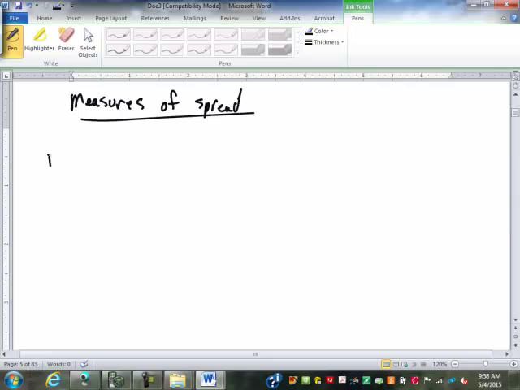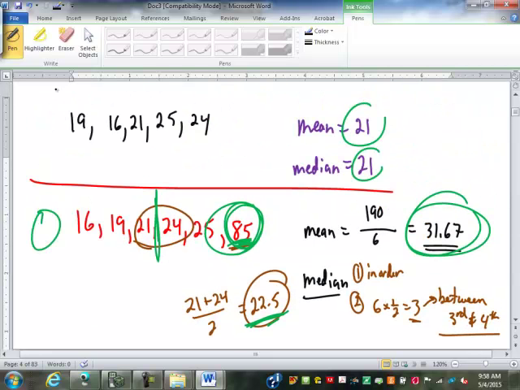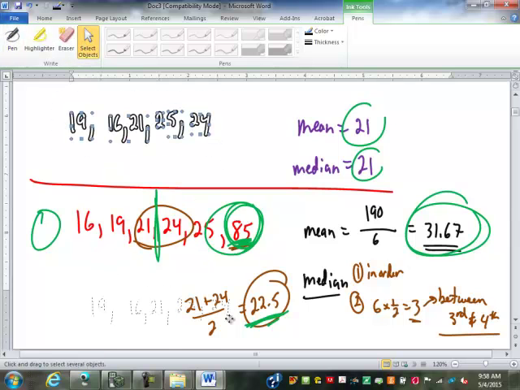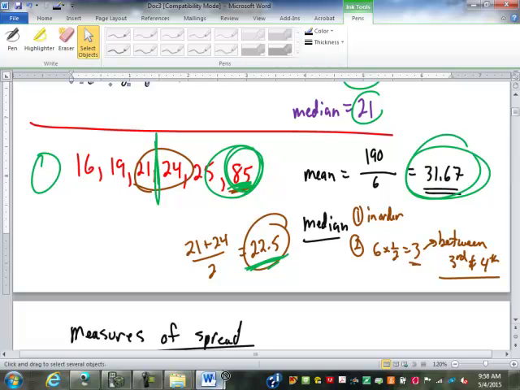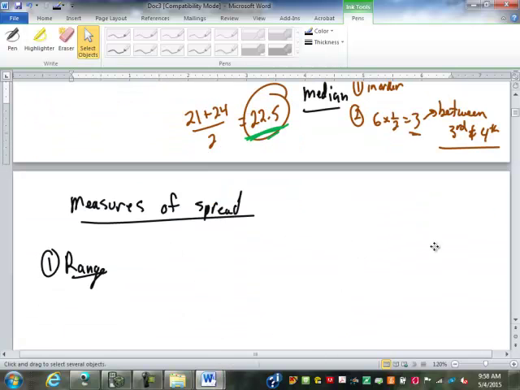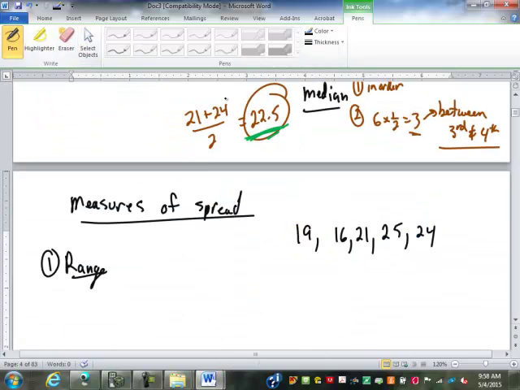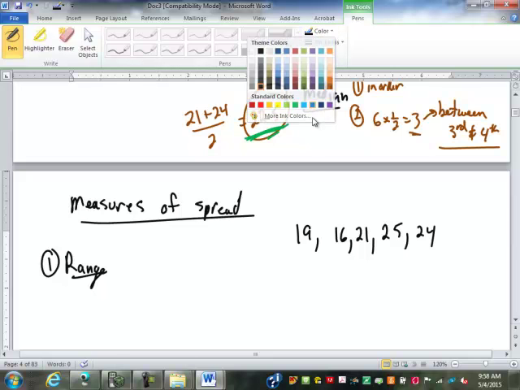One of the measures of spread that we have is something called the range. Similar to the mid-range, I'm just going to take this list of numbers again and put them right down here. The range just involves the minimum and the maximum.